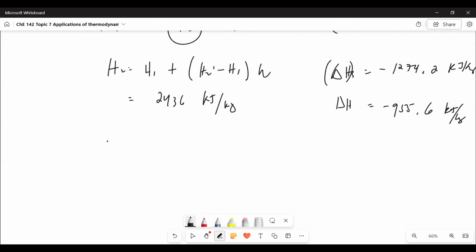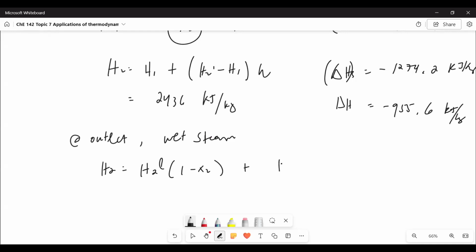Okay, so after getting the actual H2, what's our goal? We want to know the state of the wet steam, the outlet state at the outlet. We know it's a wet steam, but we need to know the quality. So we can use H2 equal to H2L times 1 minus x2 actual, plus H2V times x2 actual.